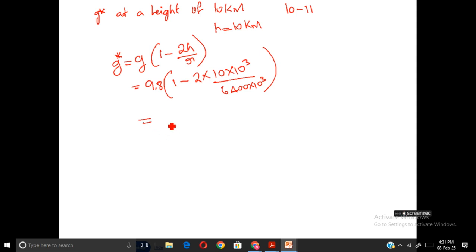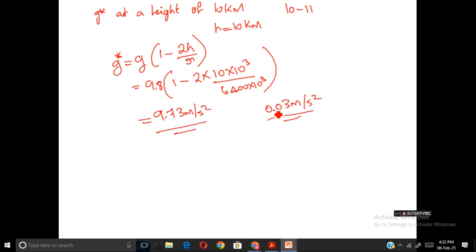It is 9.73 meter per second square. So there is a change of around 0.03 meter per second square, which is very negligible. So generally when we consider atmospheric motions, we consider the value of g as 9.8 itself, since the change is very small. Most of the atmospheric motions and weather patterns that we consider fall within the first 10 to 11 kilometers only.